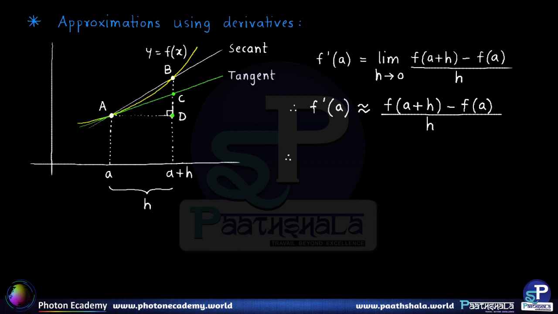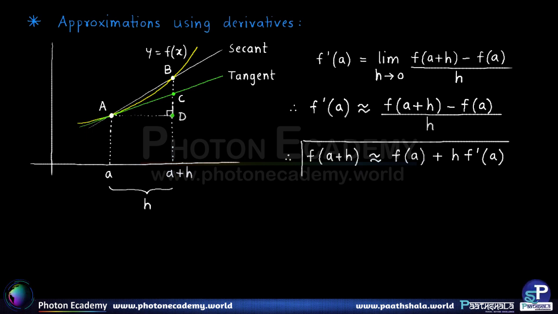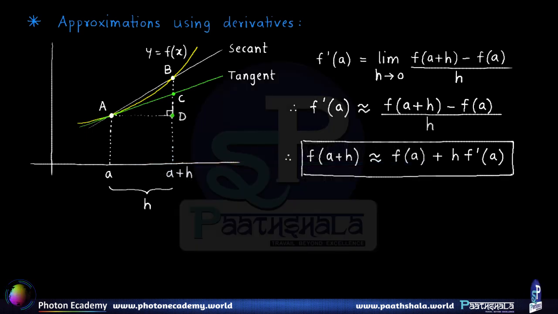Now on cross multiplying and transposing the terms, we get the final expression as f of a plus h is approximately equal to f of a plus h into f dash of a. So this is the expression for approximating the value of a function using derivatives.